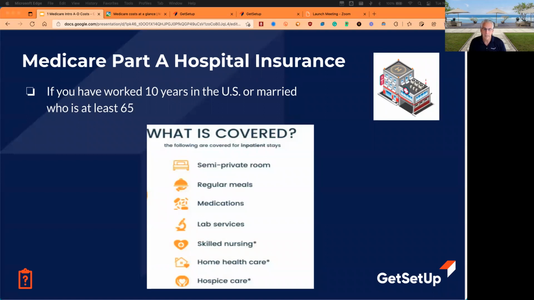So that is in the Medicare cost section. Again, you can go to medicare.gov and read up on Part A. If you do not have 40 quarters, you can pay a premium. As of 2021, the cost of Part A, if you have not worked 10 years in the United States, is $471.